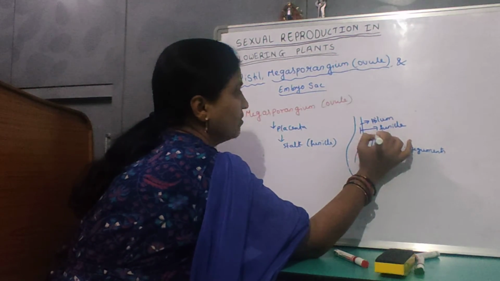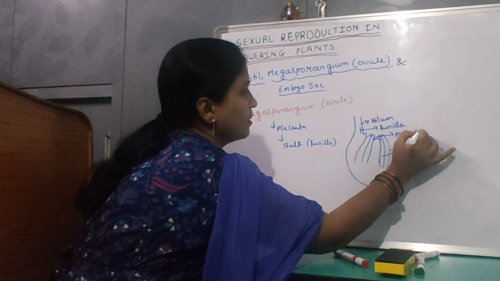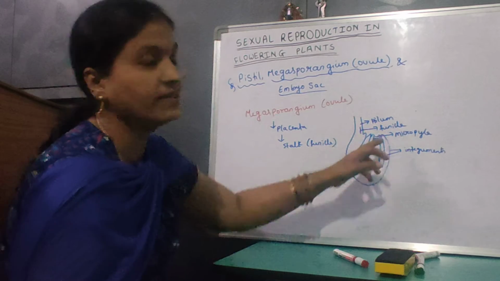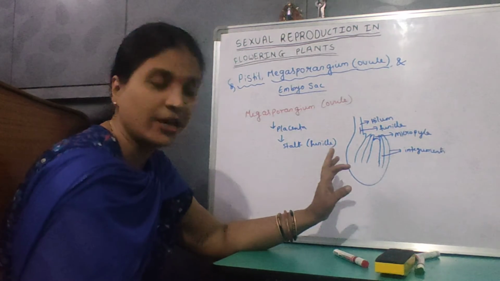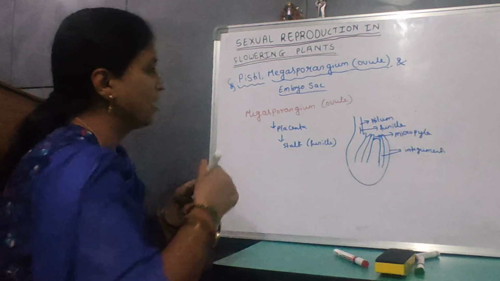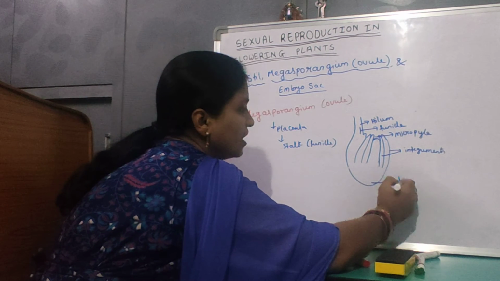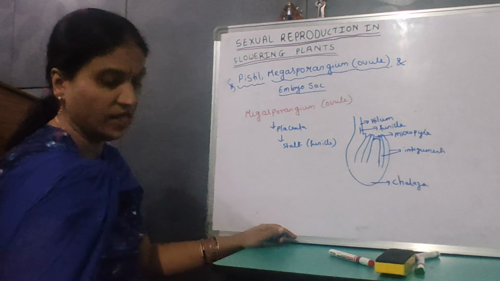They form an opening which is called micropyle. That opening, the pore of the ovule, is called micropyle. Then opposite to the micropyle, this basal portion is called chalaza.